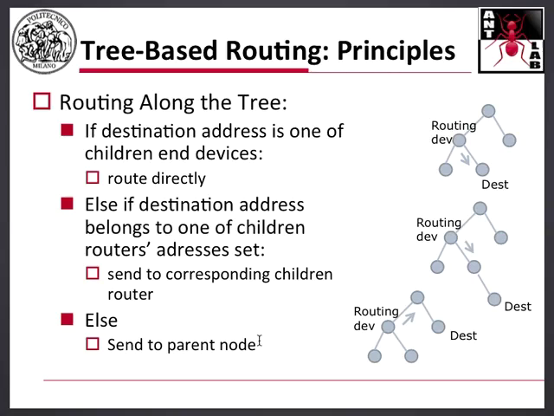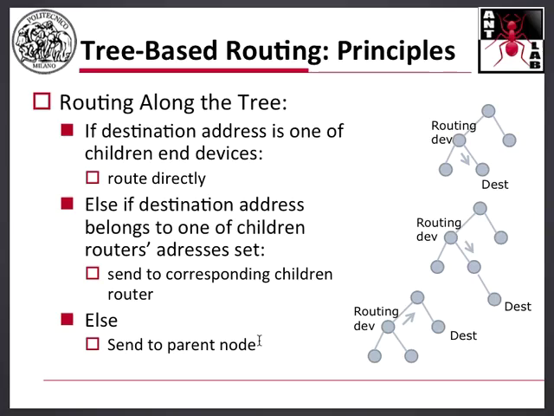If not, I have an else here. If the destination address belongs to the address set of one of my children routers, meaning that it's not meant for any of my own children, but I know that the packet is meant for, for example, one of the children of one of my ZigBee routers, then the packet must be routed down my own tree branch.